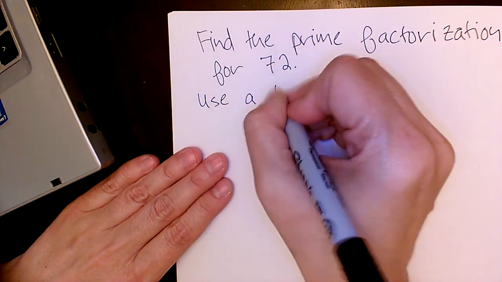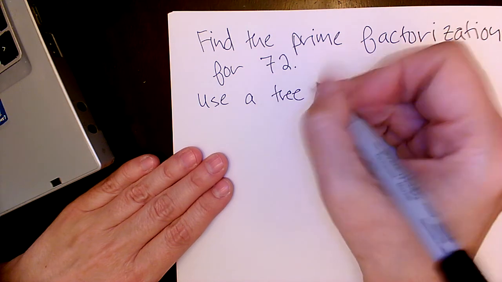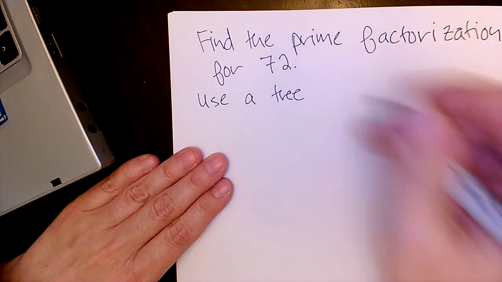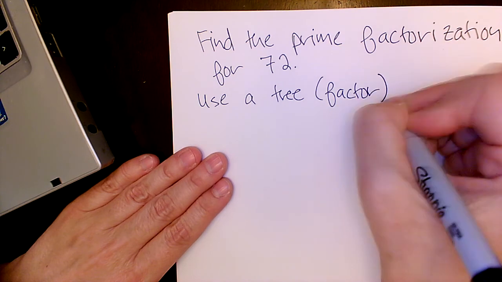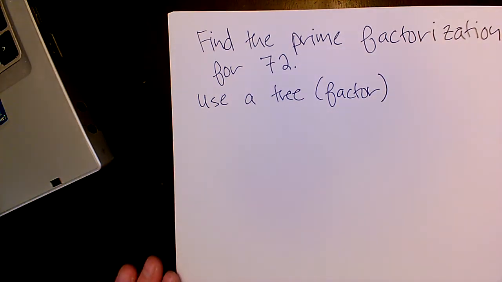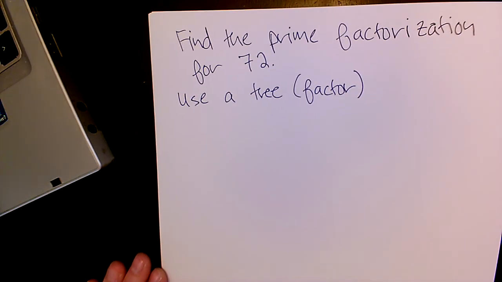And if you have another way, in the book they show you a method called the ladder method. If you would prefer that, you can use that instead. I like the factor tree. I'm going to keep using the tree. But if anyone wants me to go over how to do the ladder, I can surely do that.